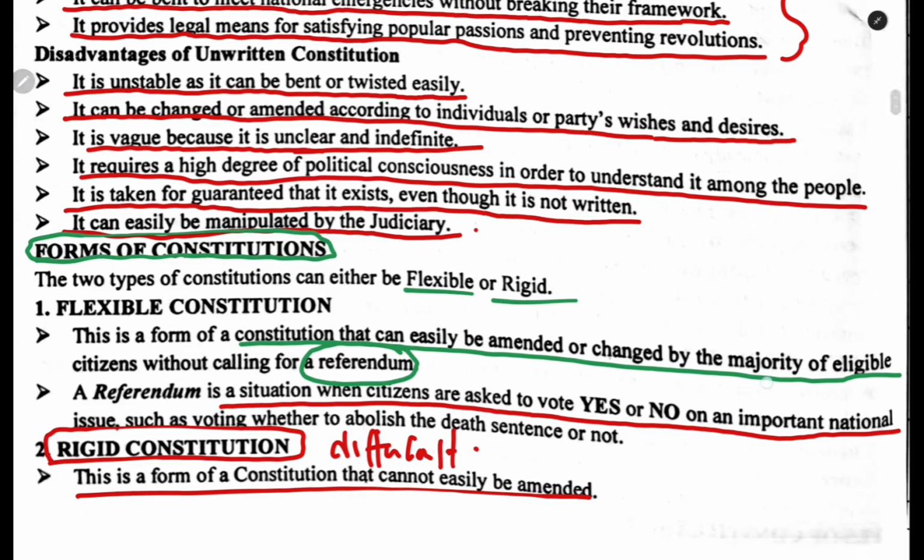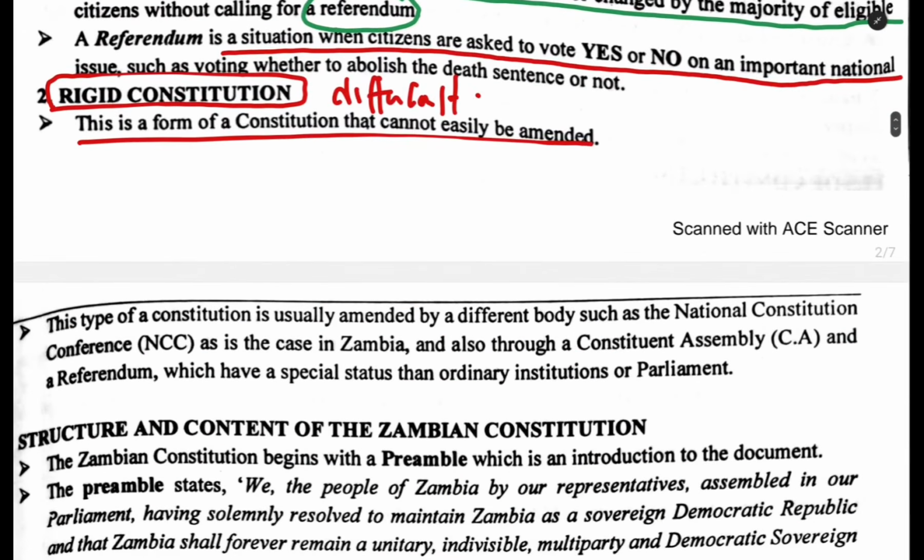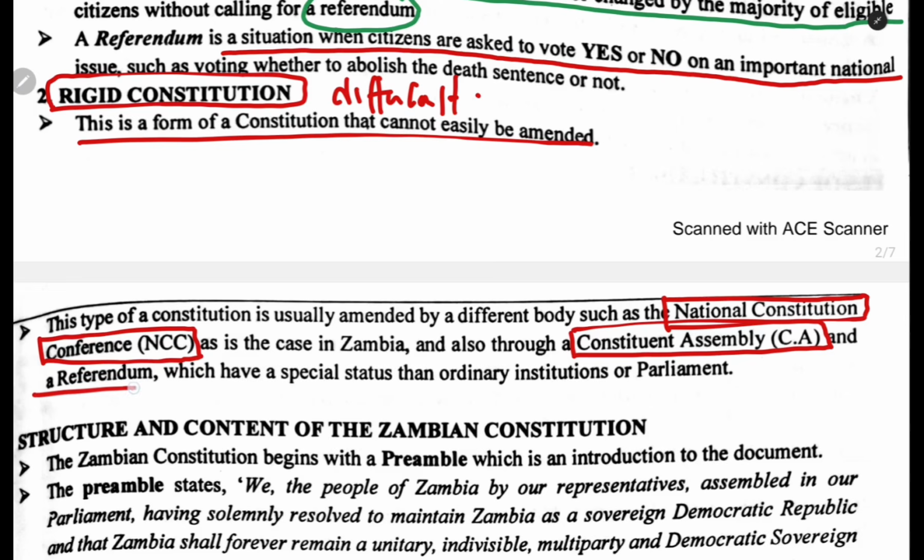It can only be amended by different bodies, such as the National Constitution Conference, as we are going to look at when we study the constitution making process and adoption, and also the Constituent Assembly and the referendum.